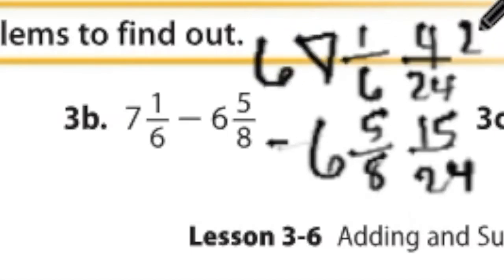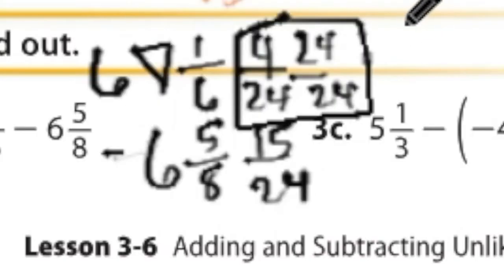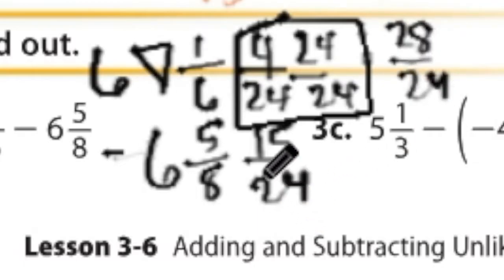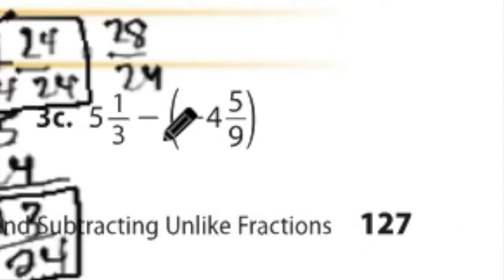When we borrow 1, that's 24/24 plus the 4/24 that we already have. So that's 28/24. Take away 15/24, which is 13/24 for 3B.